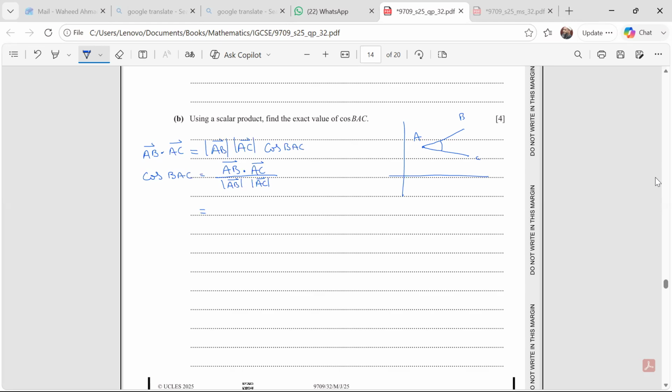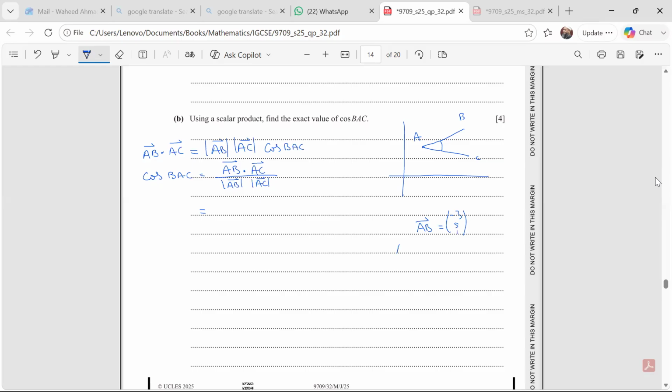First of all, the AB vector is found, and that is (-3, 5, 1).